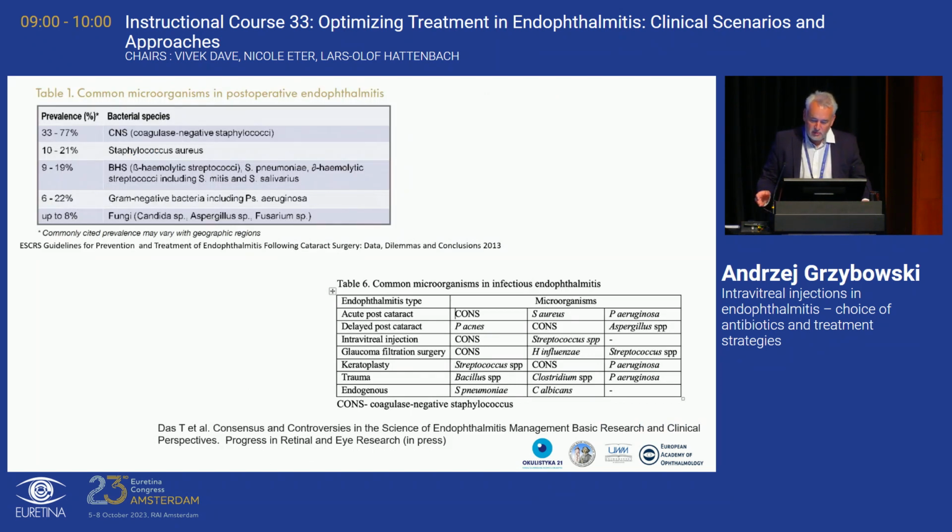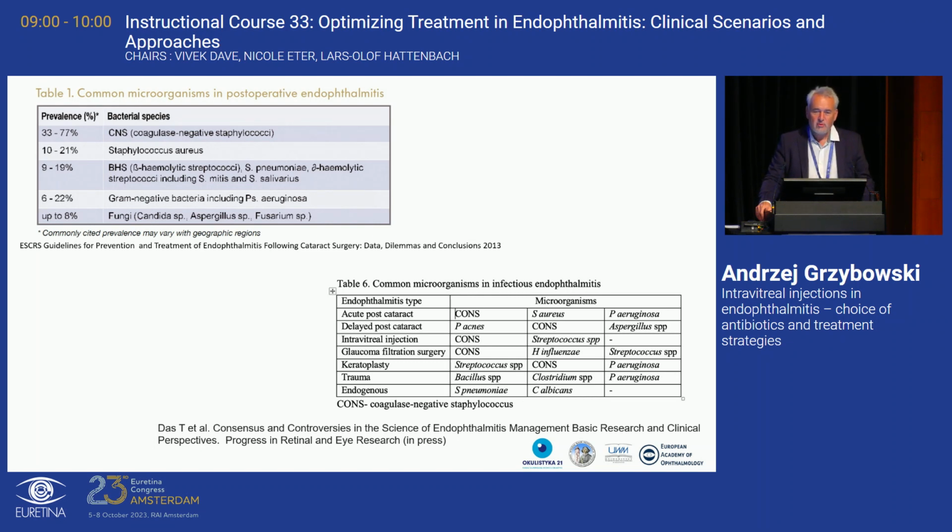So we do have some historical knowledge about the common microorganisms in post-operative endophthalmitis. You see the table in the upper part of this slide, taken from the ESCRS guidelines, for example, showing the prevalence in percents.